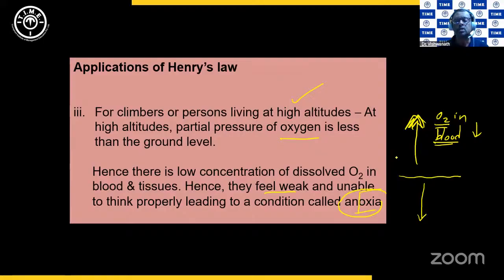So that condition is called anoxia. So both the things we have seen, increase of pressure and then decrease of pressure, right? As you go up, the oxygen is becoming lesser in the air, and therefore the blood will receive less oxygen, and therefore we reach a condition called anoxia.